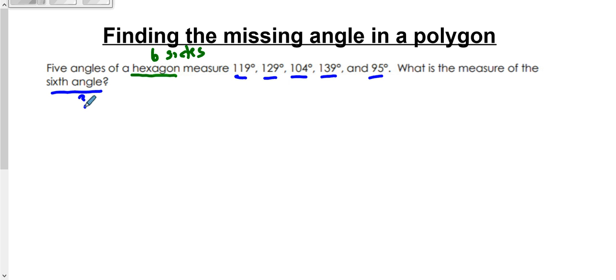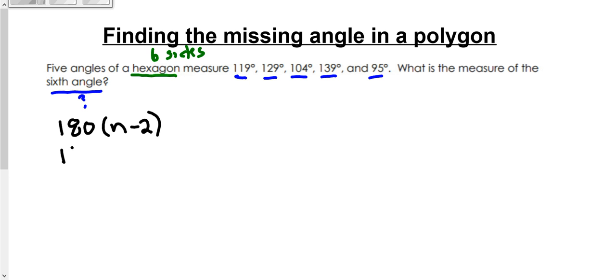So we need to first look at, using the polygon angle sum, what the sum of the interior angles is. The formula is 180 times n minus 2. N represents the number of sides.